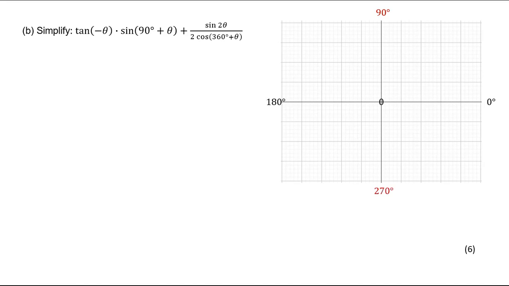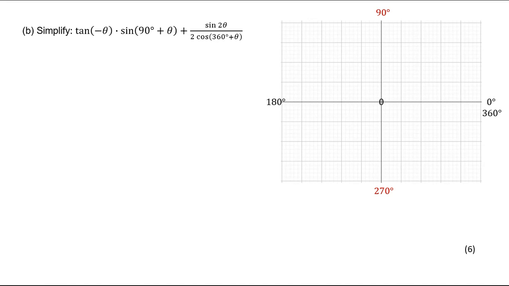From 270, if I move anti-clockwise by 90, I will get 360, which we refer to as the revolution. So as long as I'm moving anti-clockwise, I'm simply adding. When I move clockwise, I'm subtracting. That's what I identified.